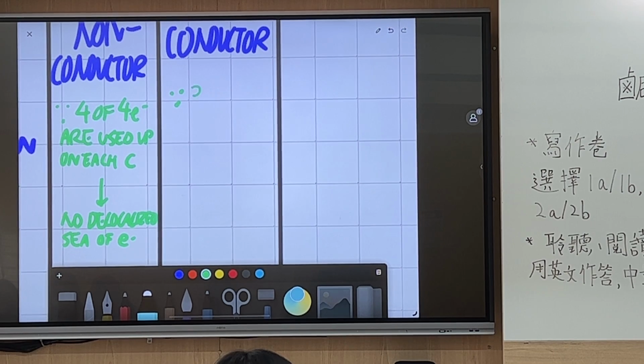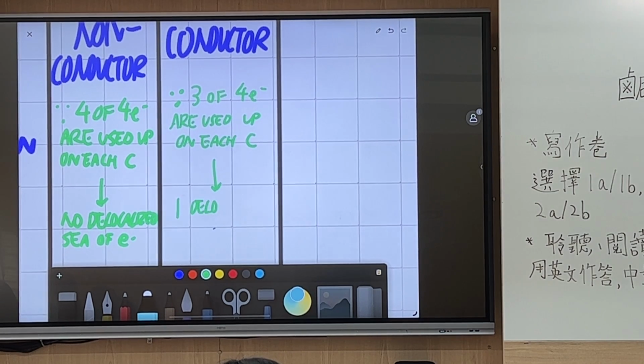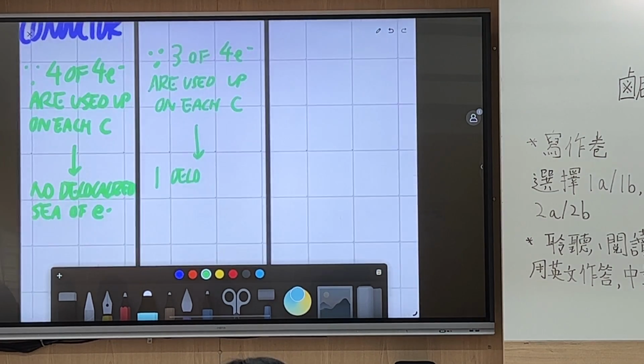Okay. So you have 3 of 4 electrons being used up on each carbon. So therefore, there is 1 delocalized electron for each carbon. And all these electrons, if you give up $1, your friend gives up $1, well, eventually that makes a lot of money, right?